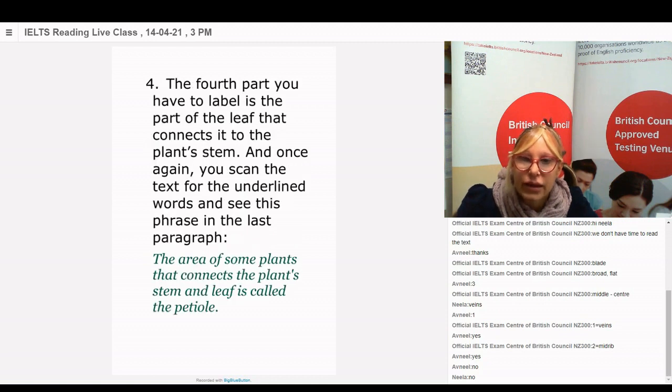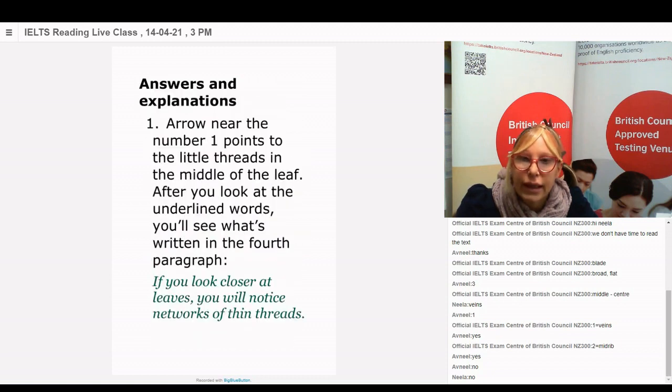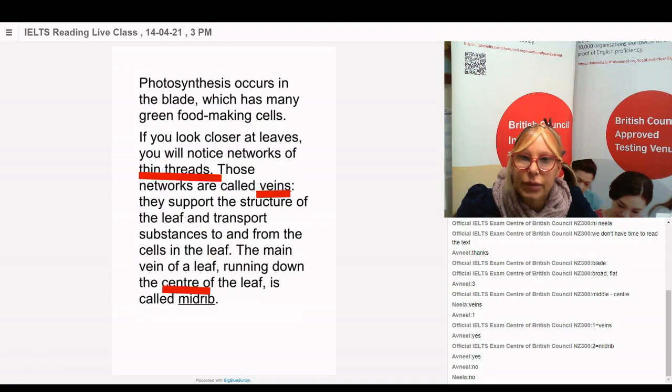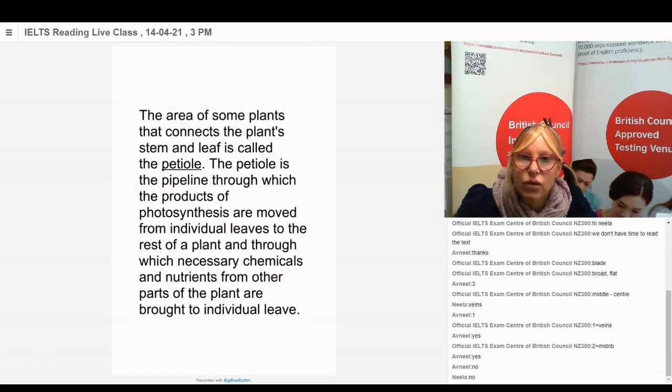Now, looking again at the diagram, we've still got to do number 4 here. If we keep reading the text, it says the area of some plants that connects the plant's stem and leaf is called the petiole. The petiole is the pipeline through which the products of photosynthesis are moved from individual leaves to the rest of the plant, and through which necessary chemicals and nutrients from other parts of the plant are brought to individual leaves.